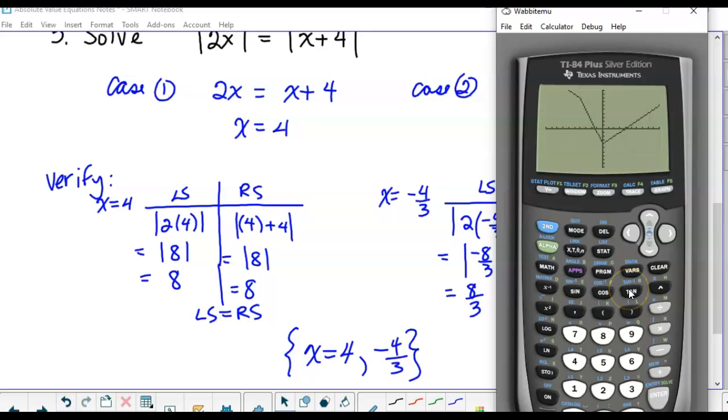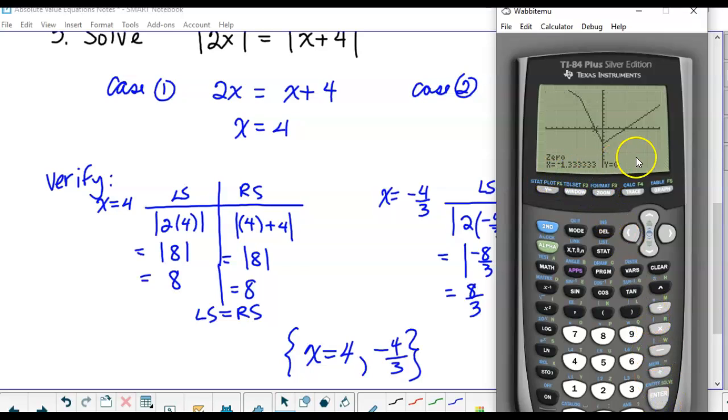And just check. If you think it crosses at 4, go trace 4, enter. Yep, the y is 0 there. If you think it's at negative 4/3, go negative 4 divided by 3. Make sure it's 0. Otherwise, you go second, trace 0, cursor to the left of where you think it is, cursor to the right of where you think it is, enter on that.